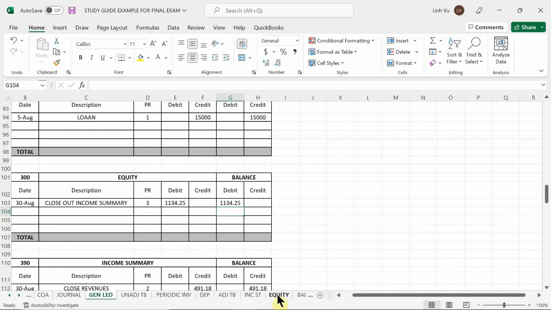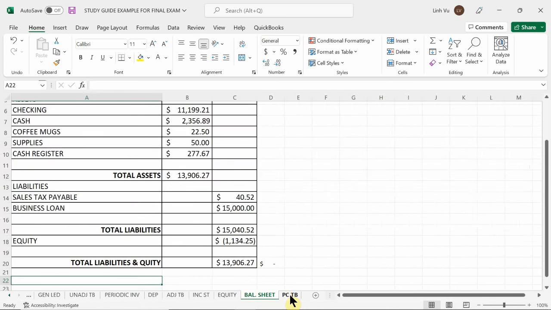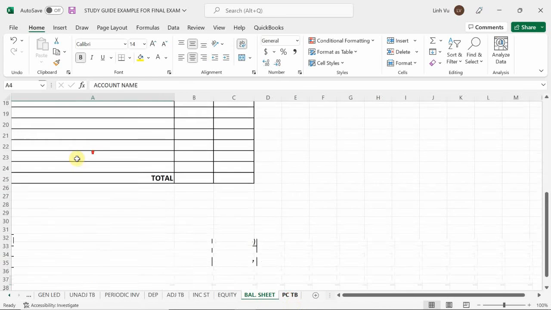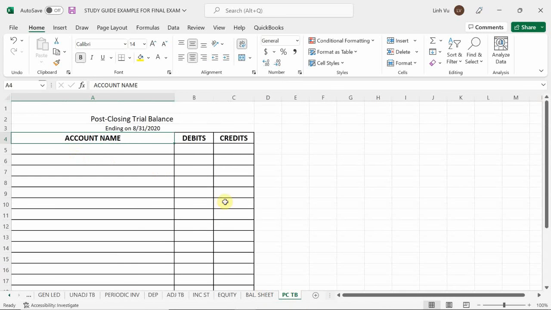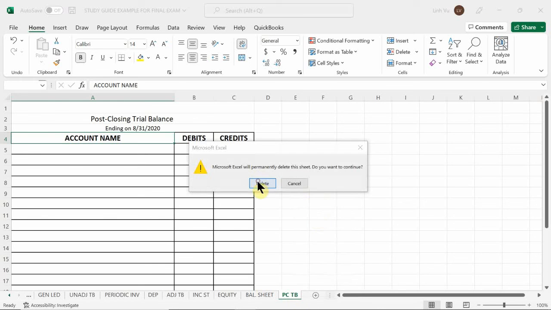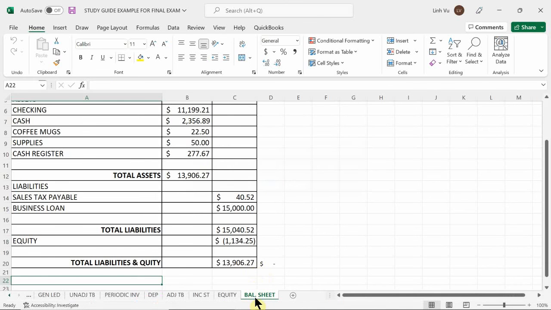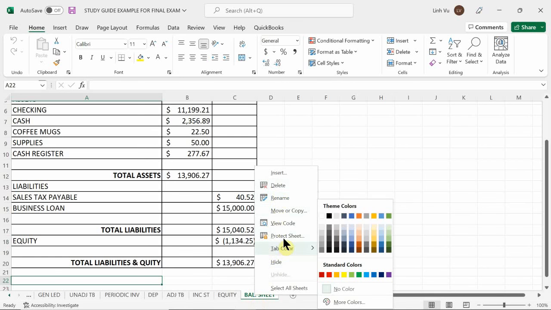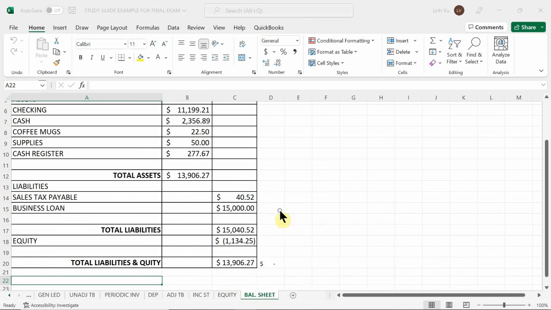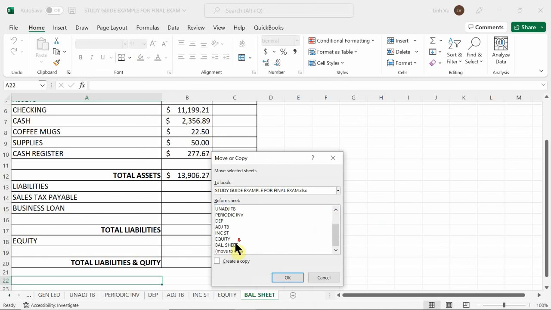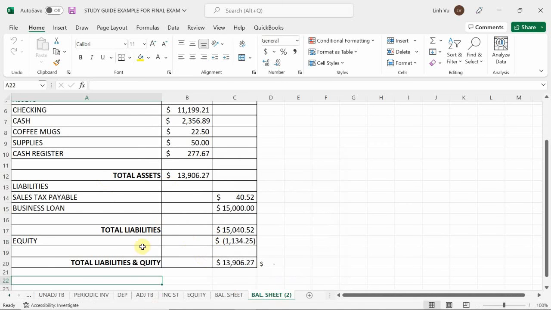Okay? And then the last but not least step is to complete the post-closing trial balance, which once again, what I taught you to save extra time here is I just simply take a copy of my balance sheet. I click move or make a copy. I want it at the very end here, and make sure you select create a copy, or you can copy and paste whatever one you want to do.